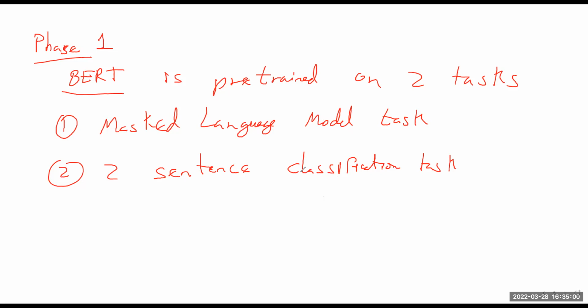So that's why you get, okay, Roberta does this instead of that. But initially, the original BERT was pre-trained on 2 tasks, which were the masked language model task, which you probably can already figure out what that is, and then the 2-sentence classification task.